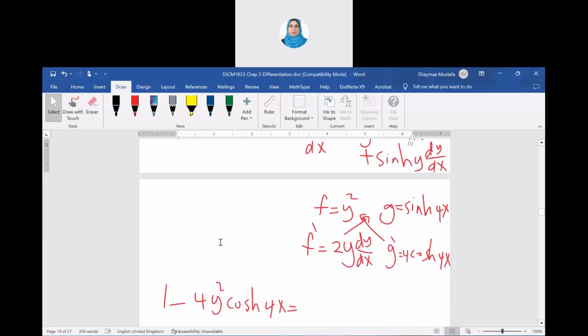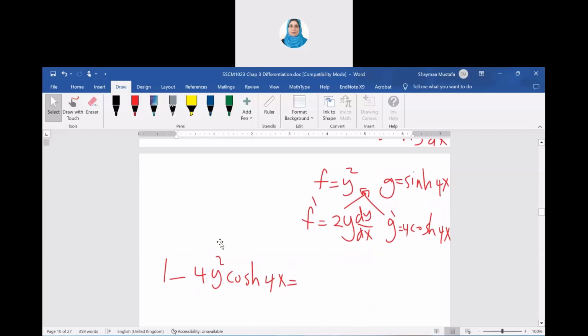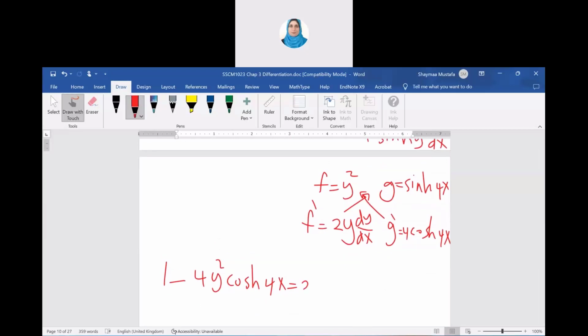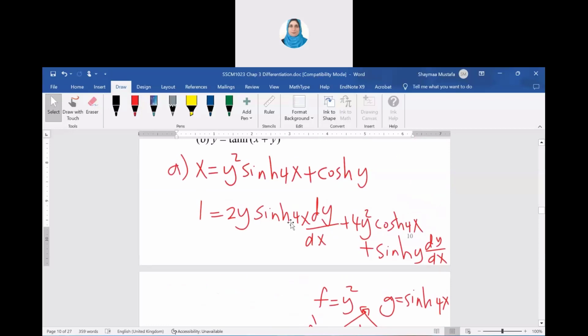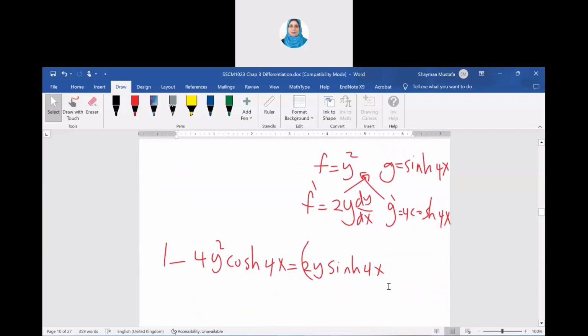2y sine 4x, this term, and sine y. This one is multiplied by dy over dx.